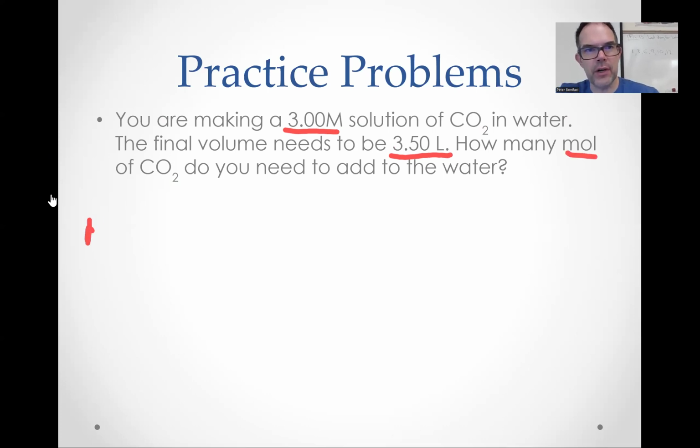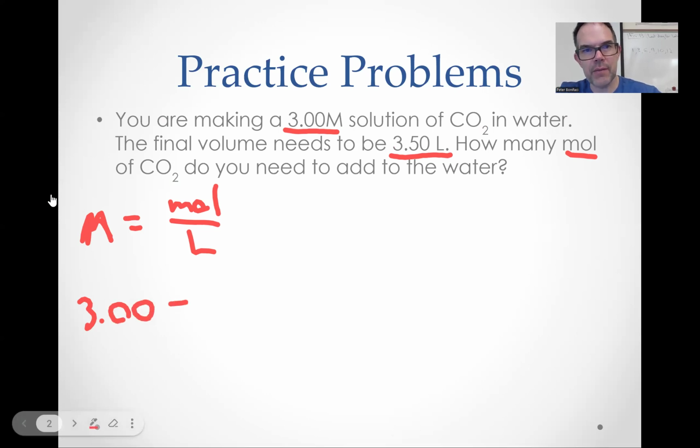Remember, molarity, a big M, is equal to moles of solute over liters. So we have the 3.00 here, and we have 3.50 liters on the bottom. I'm just going to put an X on top for moles, because moles is not a single letter.